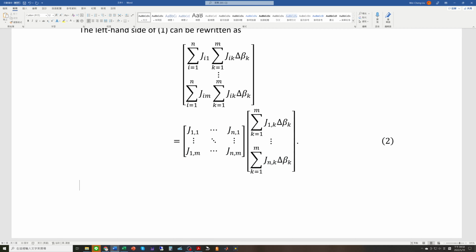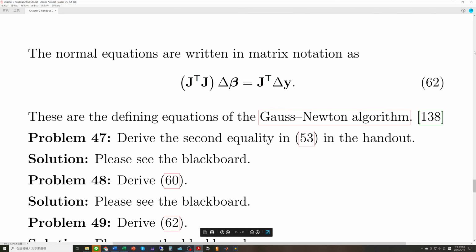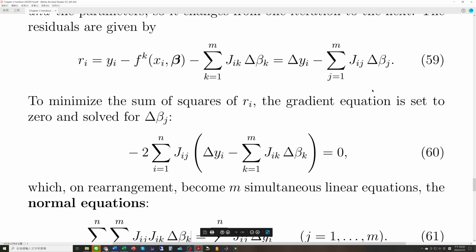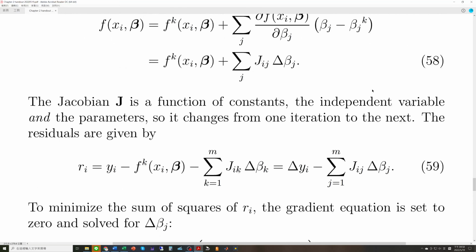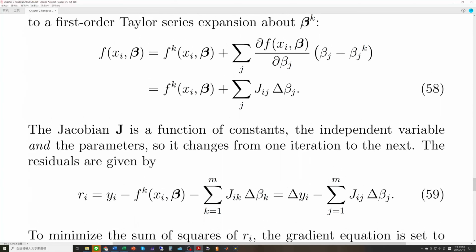Okay, next, in equation 58, we know that, let us see equation 58. In equation 58, there is a term, capital Jij.